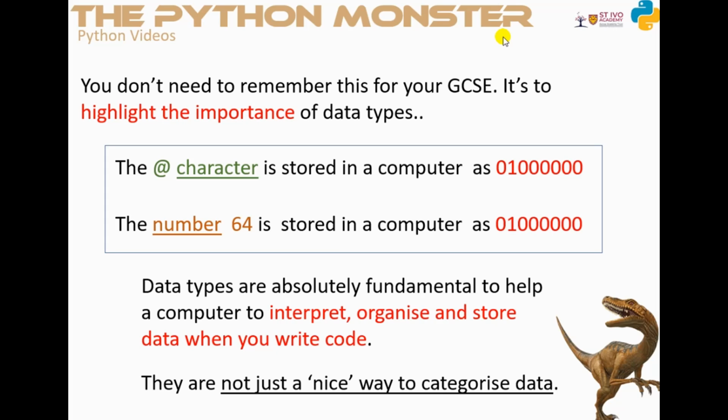But this is just a simple example of some of the challenges that a computer can have. So we as programmers, we specify the data type to help the computer to interpret, organize and store data, so that it can be provided for us or presented to us in the right context.